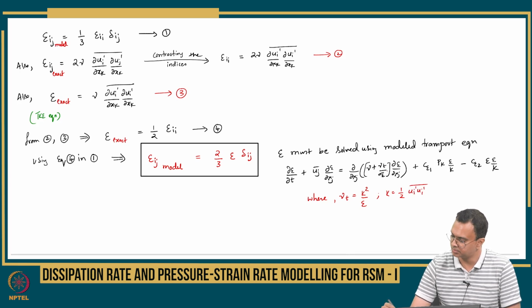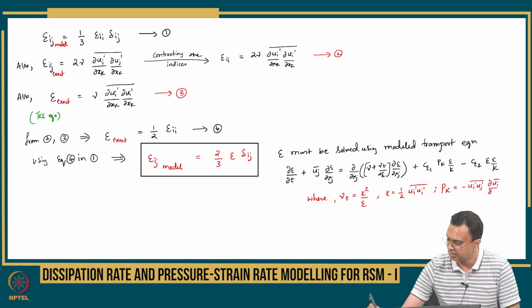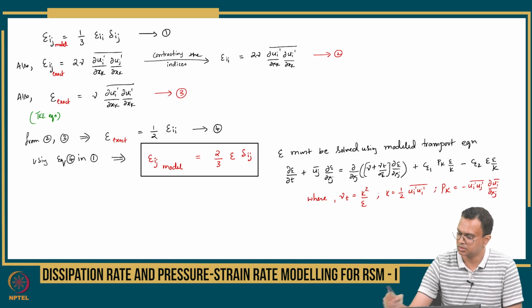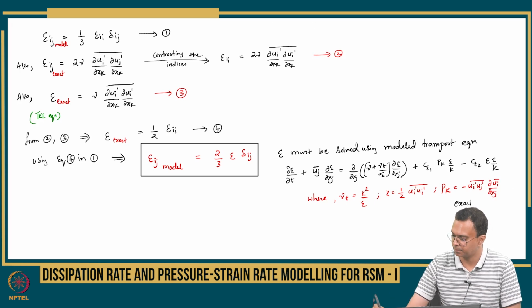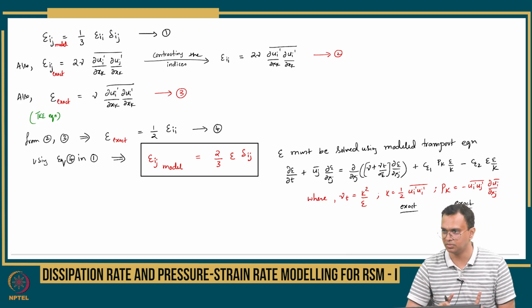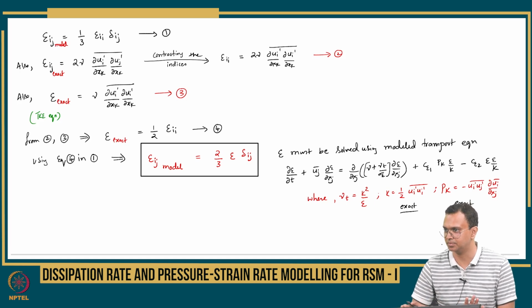So k is computed from that, νt comes from k²/epsilon, epsilon will be coupled to itself here, and then Pk is also exact, Pk is minus ui'uj' average ∂ui bar/∂xj. Okay, so this is exact, no modeling required here. This is also exact in the sense it is not giving you back the theoretical value, it is just that these values are coming from still your model transport equation.